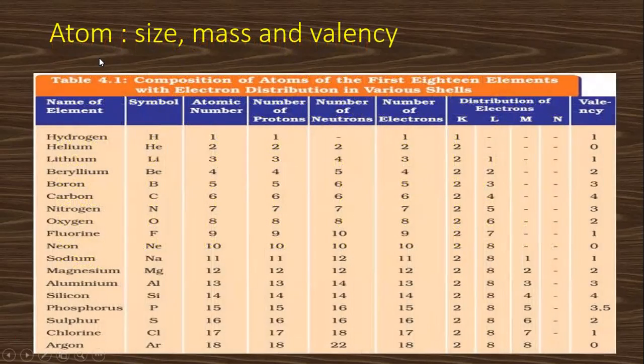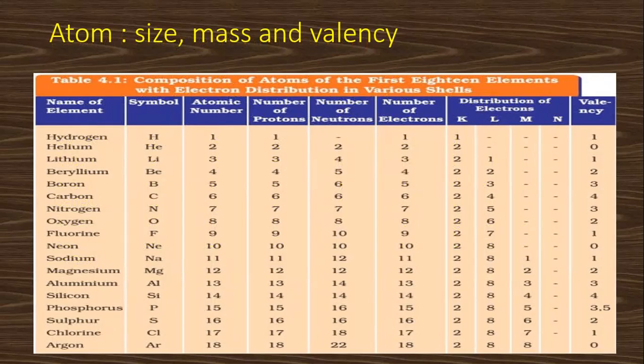Now here we can see the atomic size, mass and valency. This table is an important part of this chapter. Name of the element: hydrogen. Symbol: H. Atomic number 1. Number of protons 1. Number of neutrons nothing. Number of electrons 1.